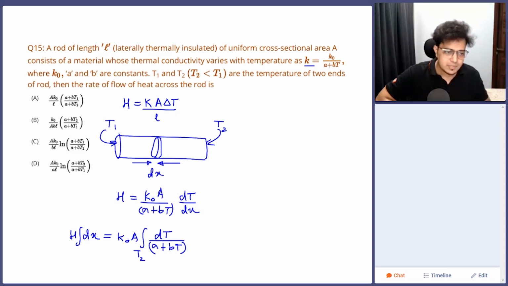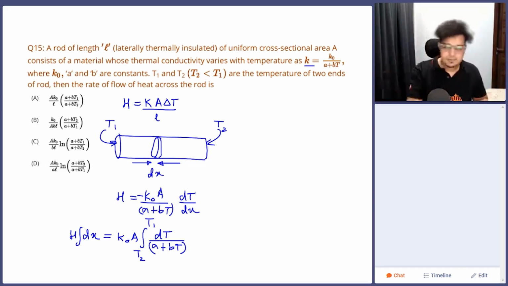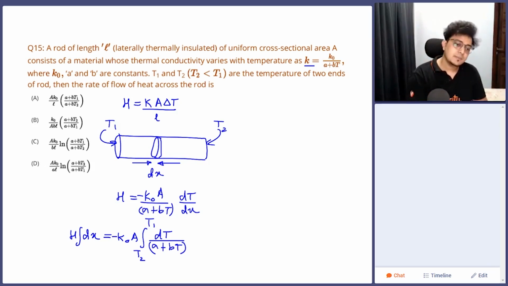Now, when delta x is positive, delta T will be negative, so I should use a minus sign here. The reason is that heat current flows from high to low, so the final temperature will be lesser than the initial temperature, and the change will always be negative. So I will prefer the minus sign here as well. Continue that minus sign and now integrate.